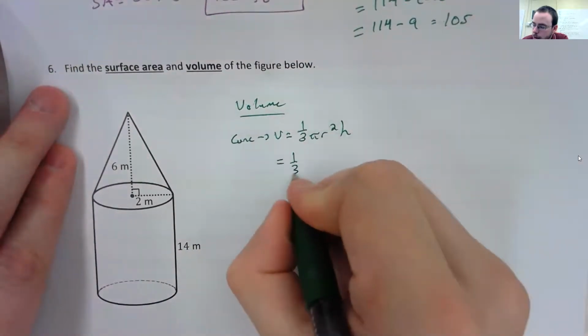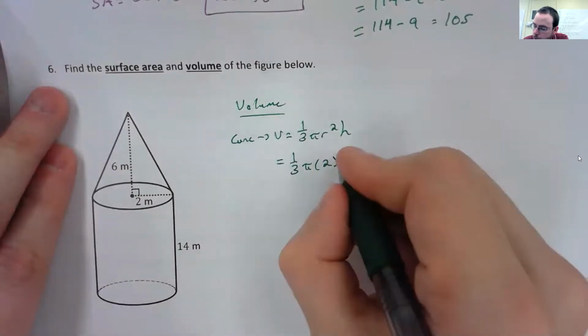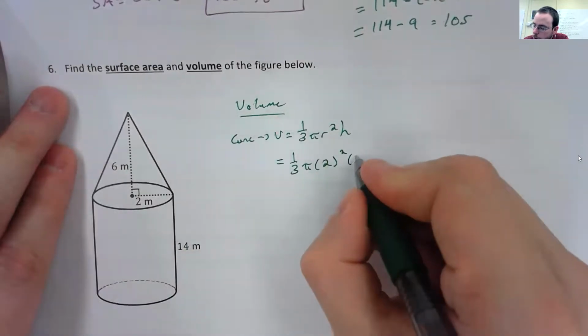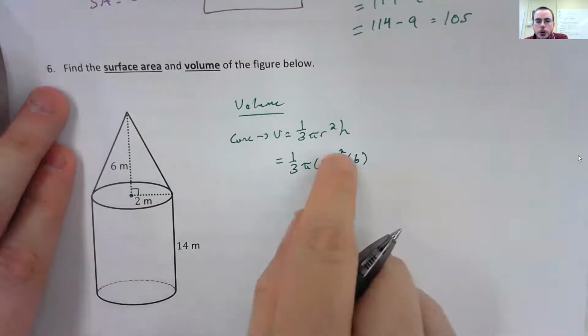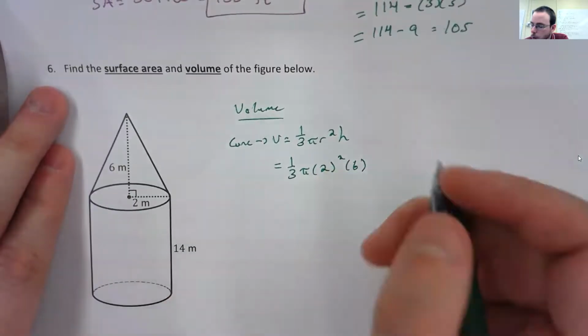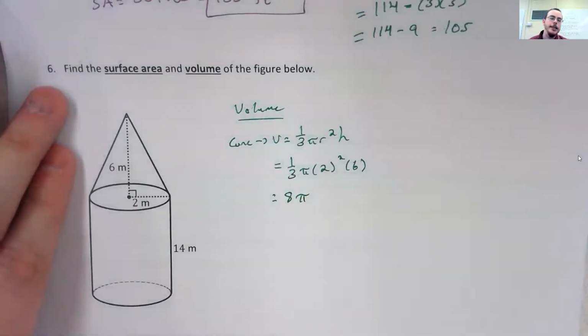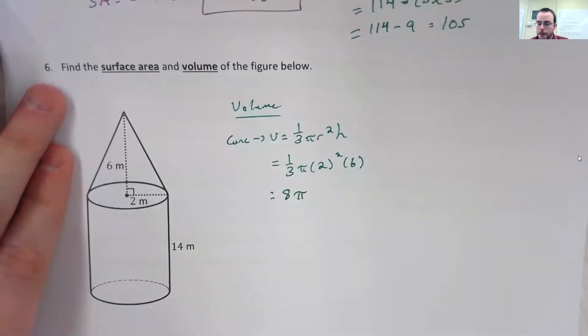So in this case, r is equal to 2, and the height of our cone is equal to 6. 2 squared is 4. 4 times 6 is 24. 24 times 1/3 is 8. So the volume of the cone is equal to 8 pi.